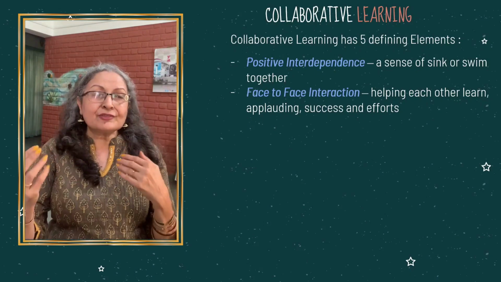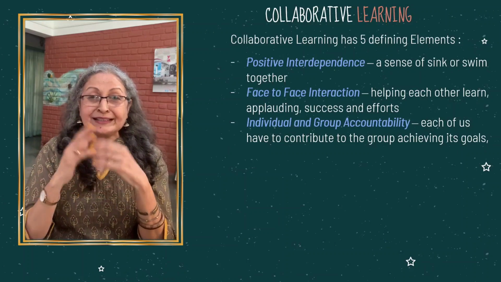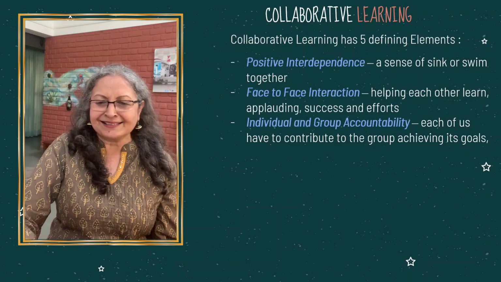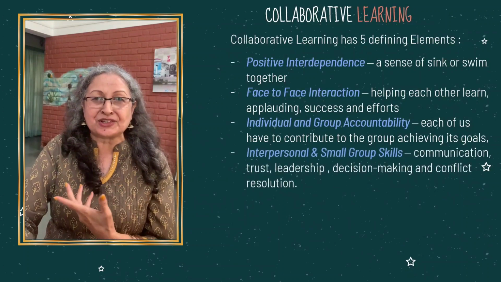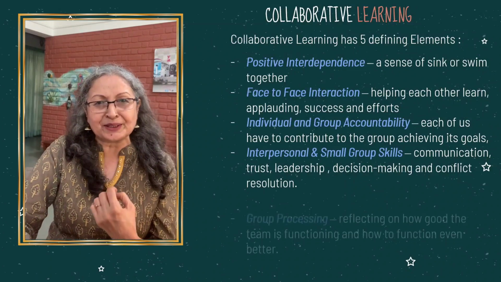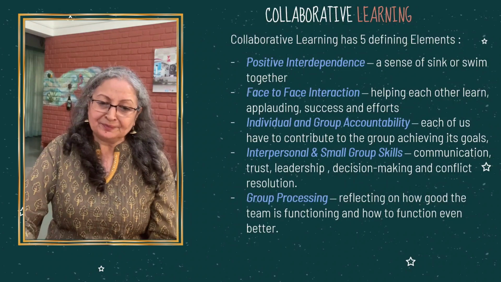It creates individual as well as group accountability because everybody needs to contribute. The team must learn together. Then some other small skills like communication, trust, leadership, etc. are built. And there is an activity of reflection and metacognition to see how well the team is functioning.